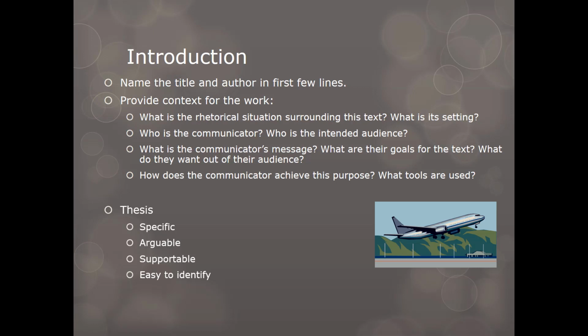That's why in most, particularly shorter essays, like the one we're doing, the thesis is typically the last sentence of the introduction. We will discuss times where that's not the way you do it, but for this rhetorical analysis, I recommend having your thesis as the last sentence of your introduction.